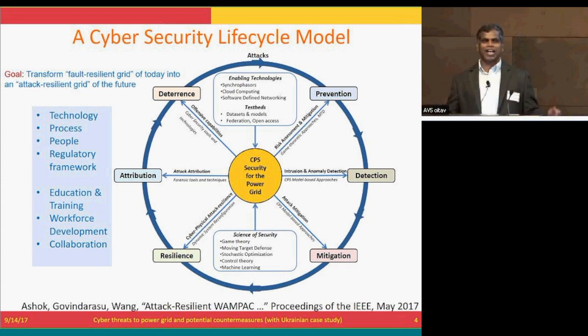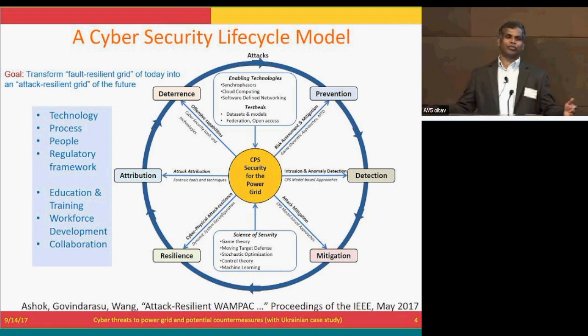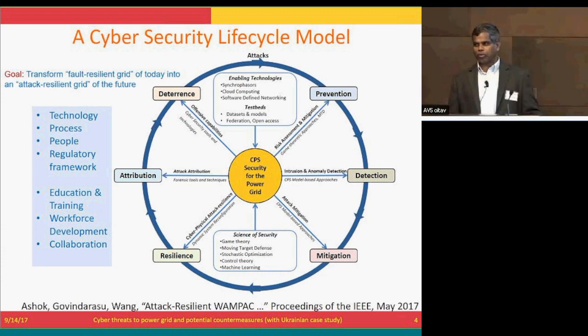Like in the Ukrainian attack, 30 different substations were targeted and the breakers in those substations were opened to create a regional blackout. So whenever we think about conventional N-1 contingency analysis, that falls short when we think about cyber security resilience.